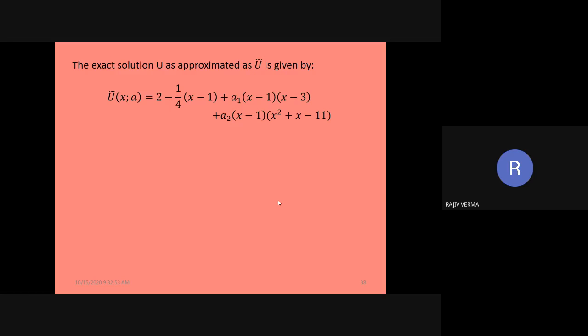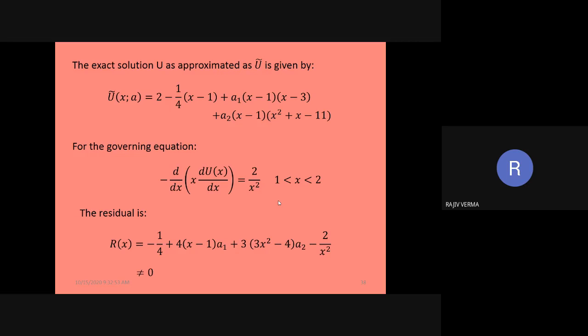When this approximate solution is substituted in the governing equation, the residual is not going to be equal to 0. Since we have assumed an approximate solution to the exact solution, when we substitute it in the governing equation, the residual is not going to be equal to 0.